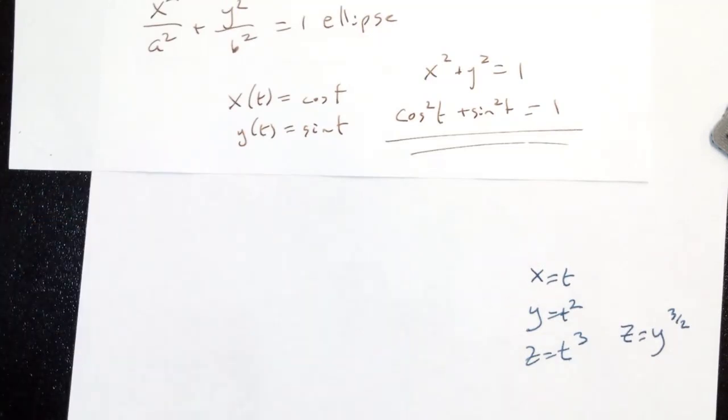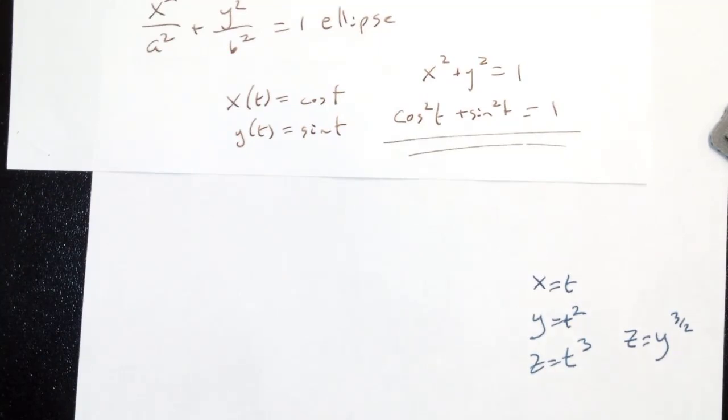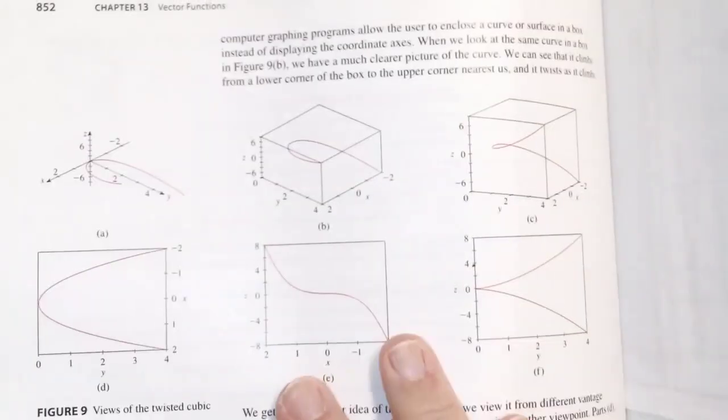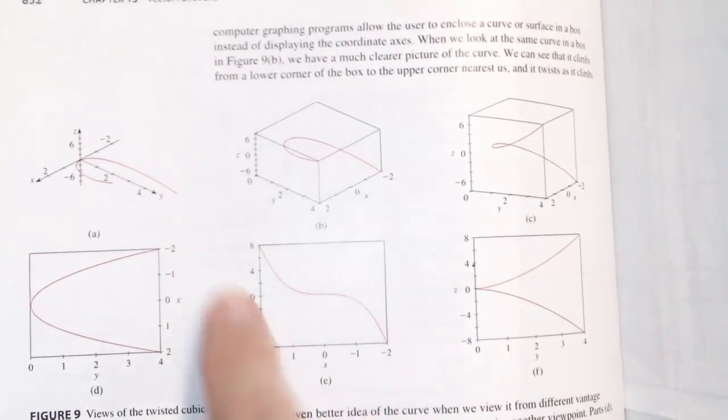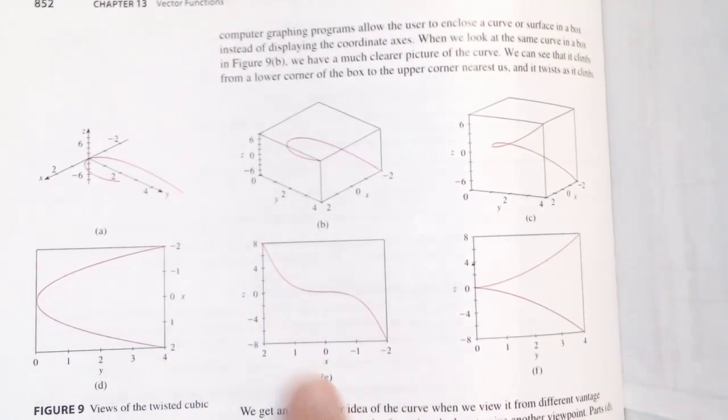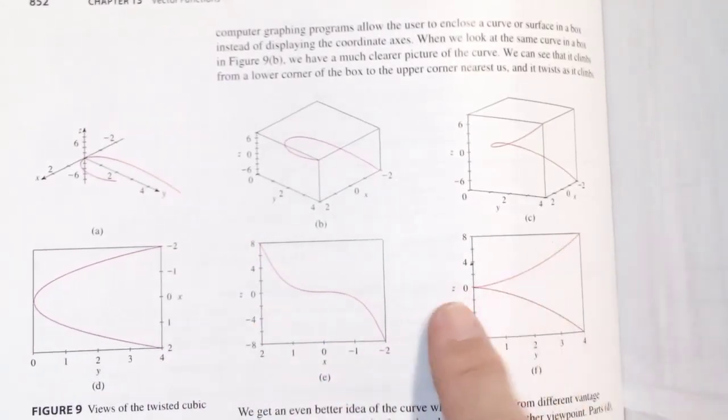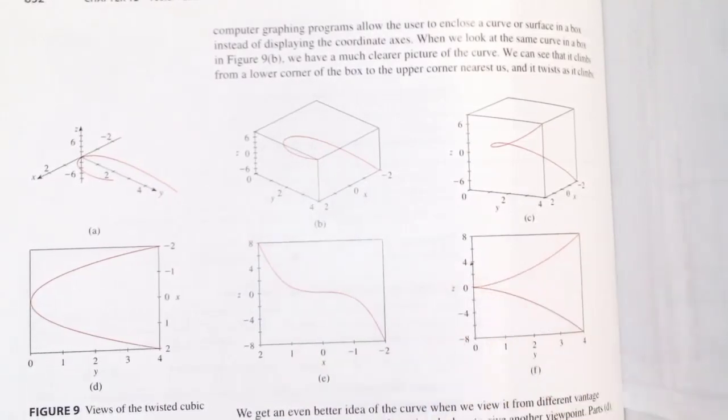And those 3 pictures are on page 852 in our text. And we see from one direction in just x and y, I see a parabola. From another direction, I see a cubic behavior with x and z. And here's that bird in y and z.